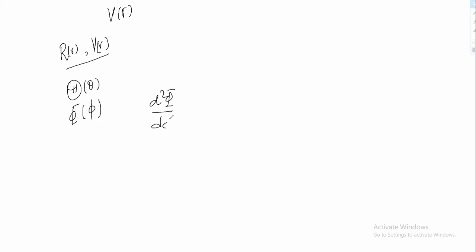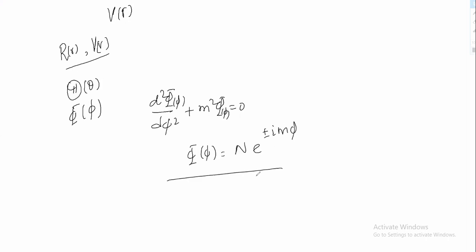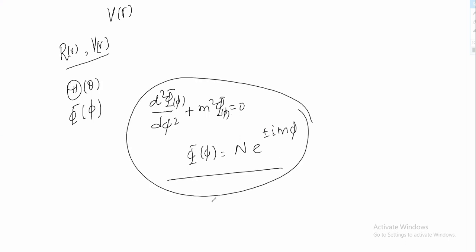If you remember in your B.Sc final days, this equation was d square Phi by d phi square plus m square Phi equal to 0. And this was giving you e to the power plus minus i m phi, with some normalization constant. You won't be able to obtain this if the potential is depending upon theta or phi. Is it clear? Yes, sir.